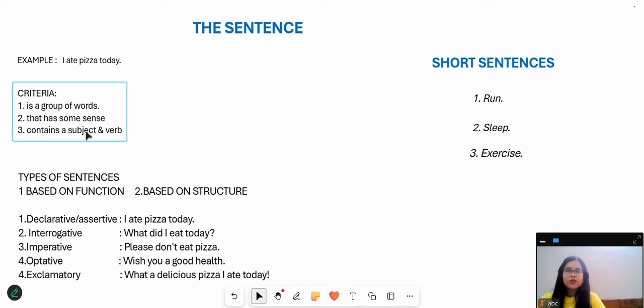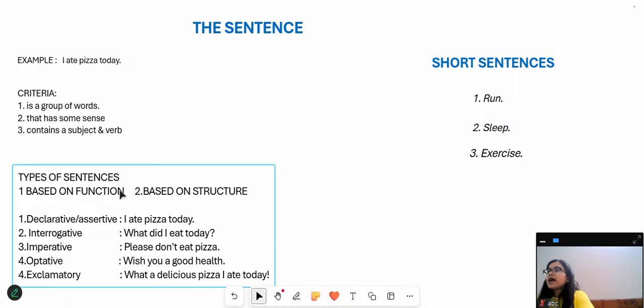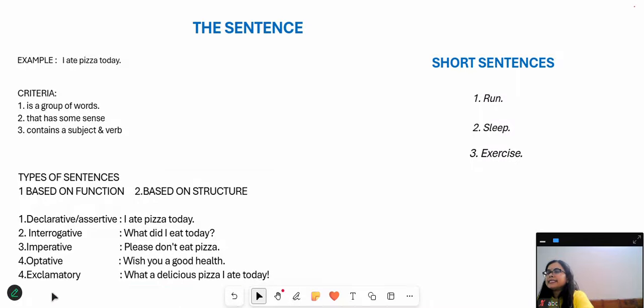And later on, you will be understanding the sentences based on the structure also. So now let's first understand the sentence types based on the functions they do. Here I have written 5 types of sentences.